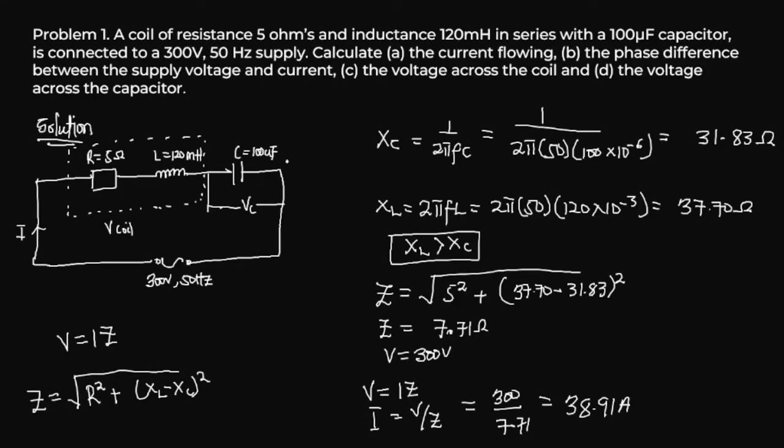Now the C aspect of the question is saying we should find the voltage across the coil, and then the voltage across the capacitor. If you look at this, we realize that the coil alone has the resistance and the inductor all embedded in one.